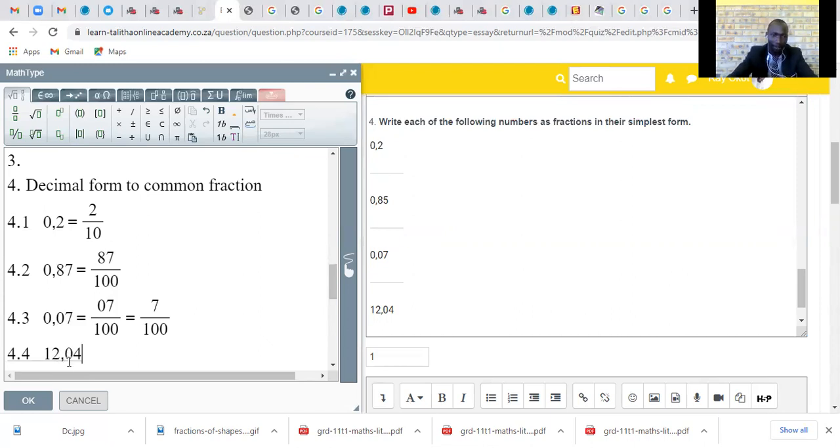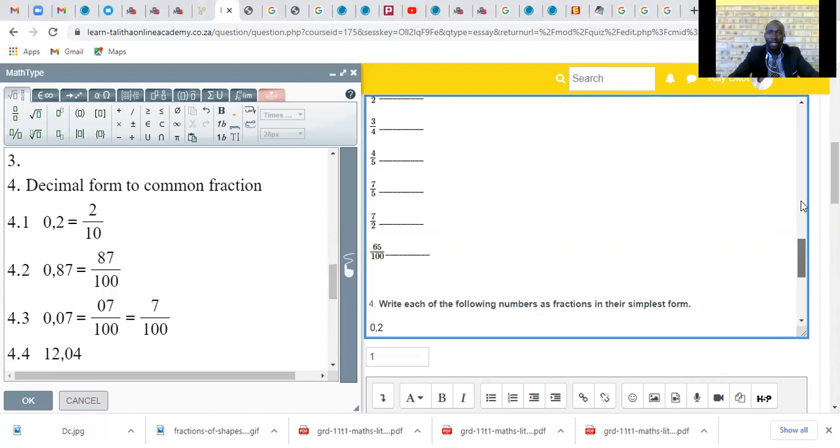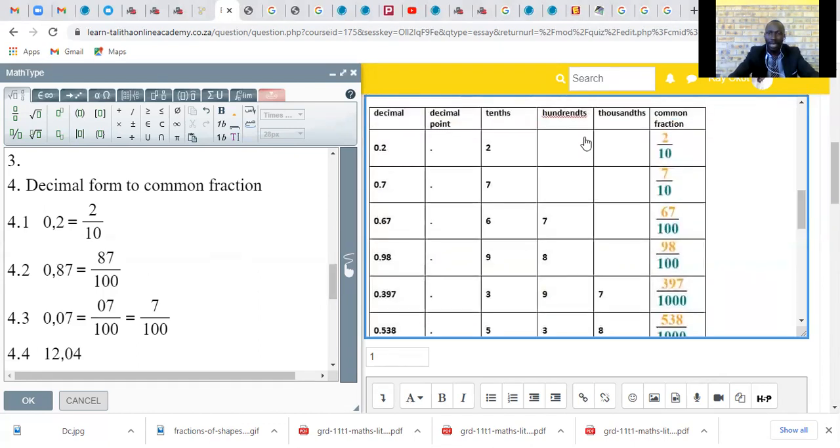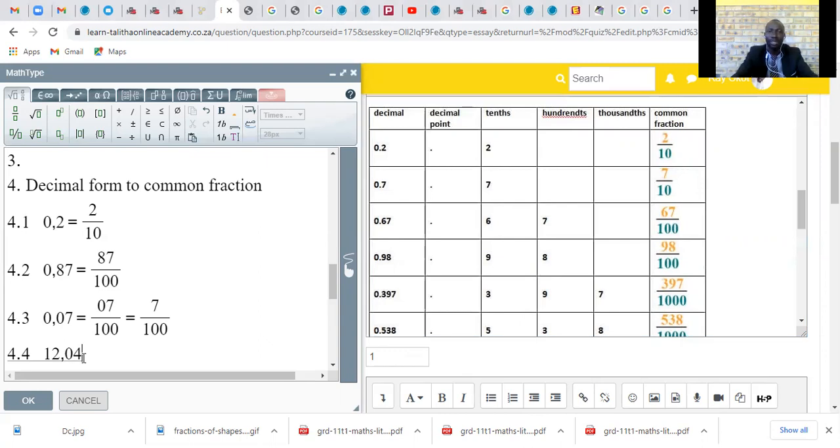Now, notice that this 0 is under a tenth. The first number is under a tenth. The second number is under 100. And so how many numbers do we have? 2 numbers.